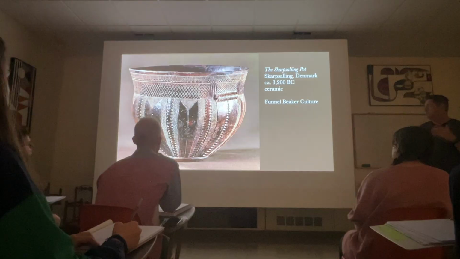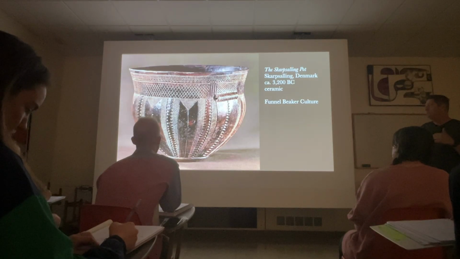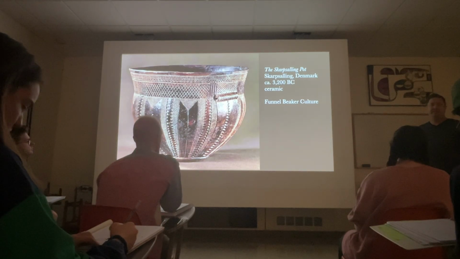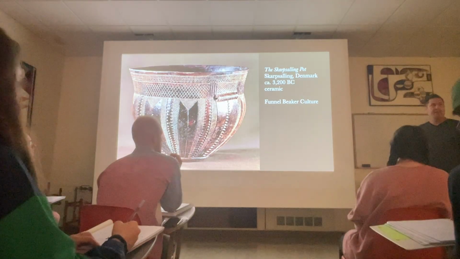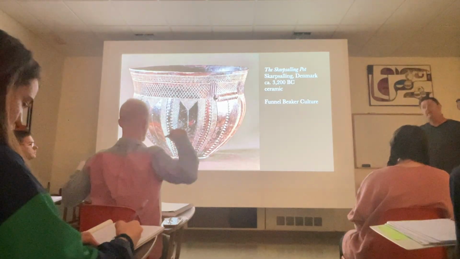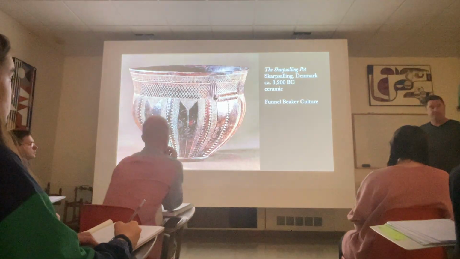It's beautiful, it's got a wonderful form, it's got beautiful incised decorations into it. We're not quite sure what it was used for, but the funny thing is that within the last couple of years, they've really developed the ability to tell what was inside of a vessel.